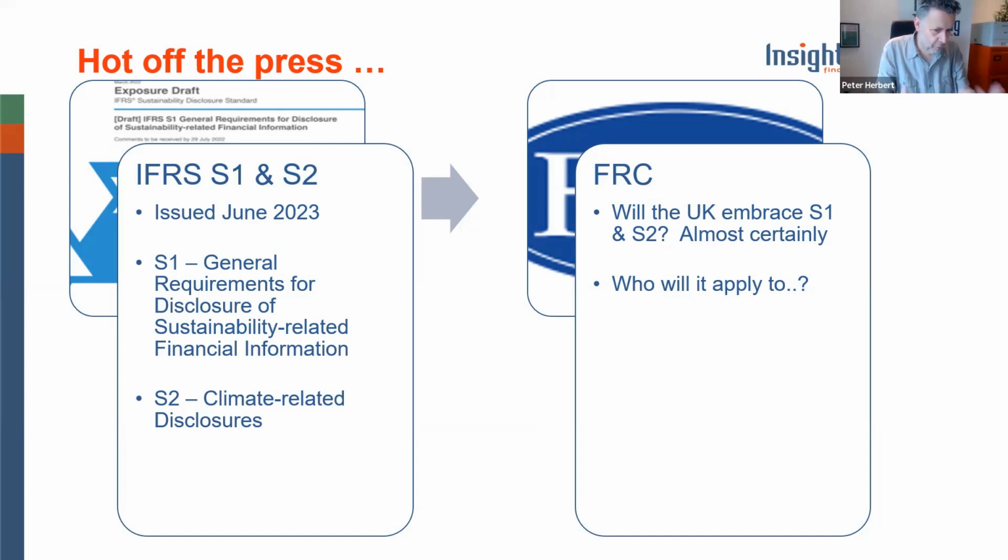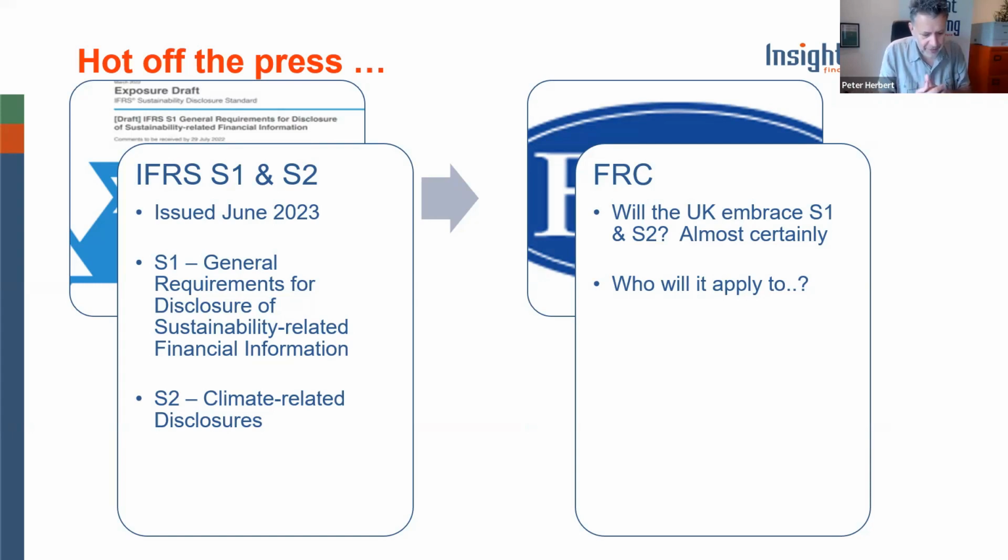S1 that deals with general requirements for disclosure of sustainability related financial information, and S2 that deals specifically with climate related disclosure. There was, I think, quite an acknowledgement that perhaps globally the rules imposed by different jurisdictions were a little bit different, a little bit disjointed. There was therefore perhaps a need for a more global joined up approach.